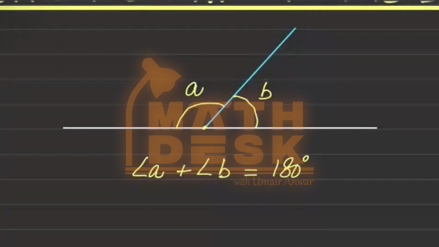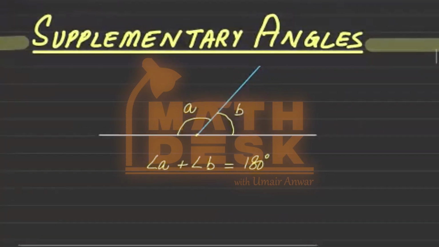So whenever an angle is formed at a straight line, the whole of the angle is equal to 180 degrees. And these two angles, when they are added to each other, would be forming an angle like this. So their sum should be equal to 180 degrees. And such angles are called supplementary angles.